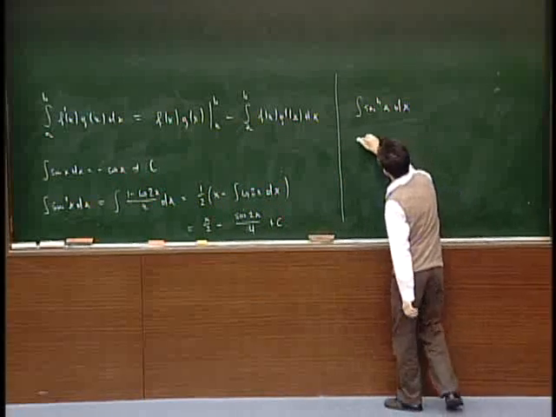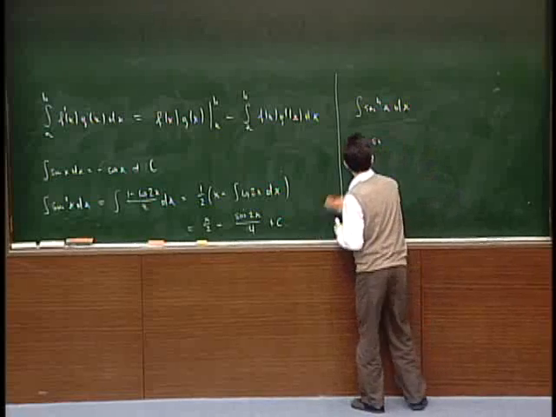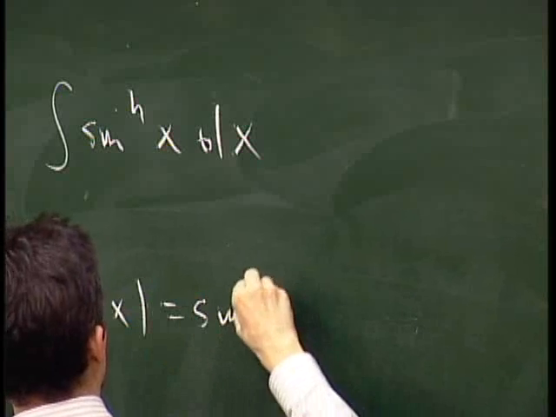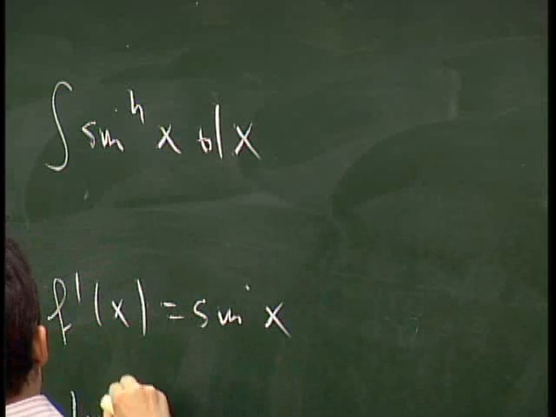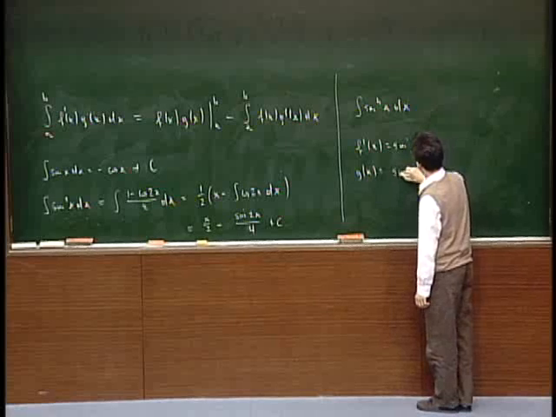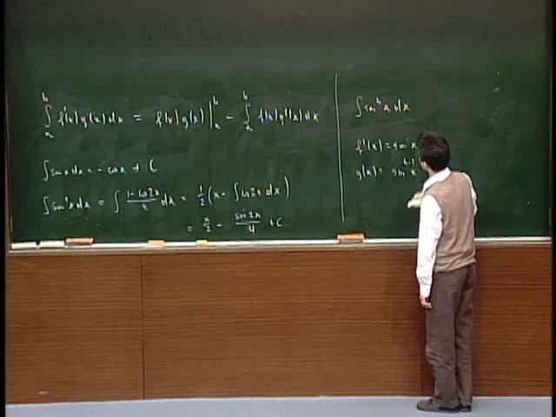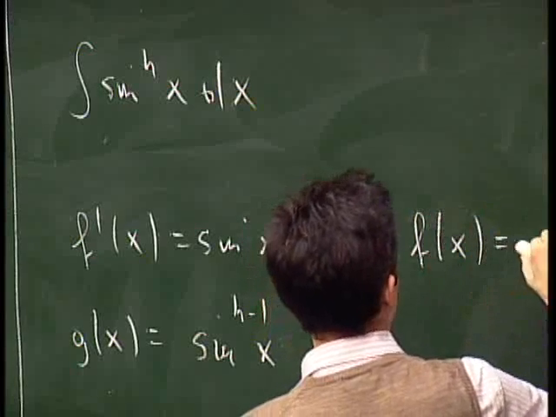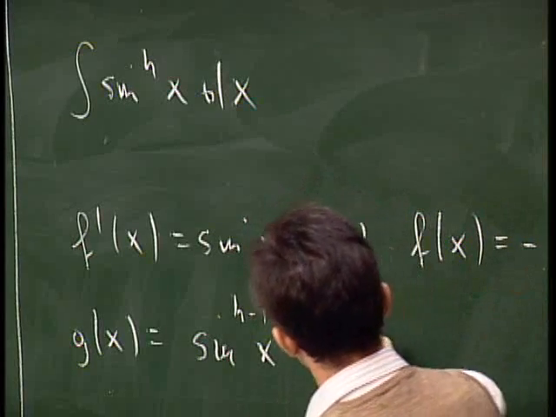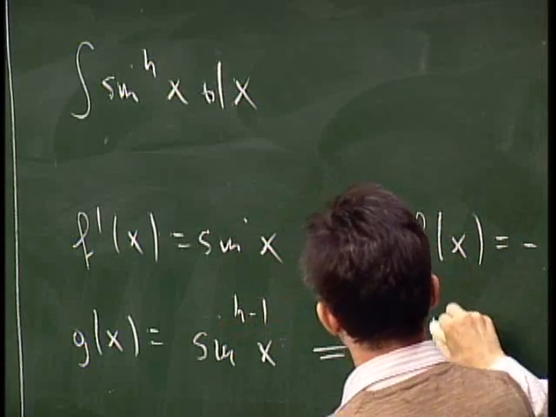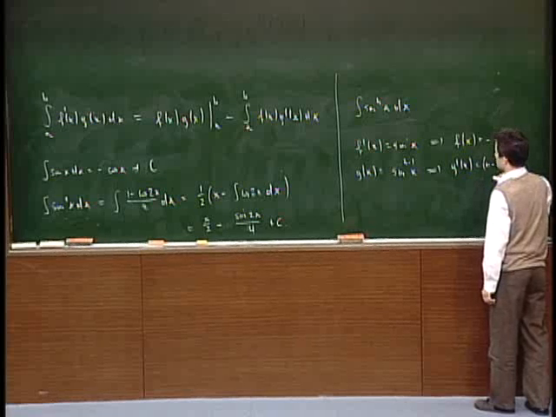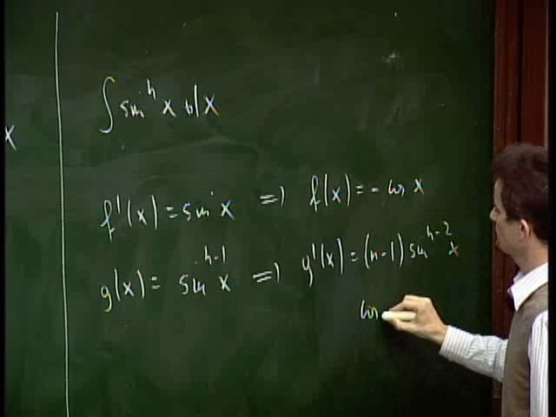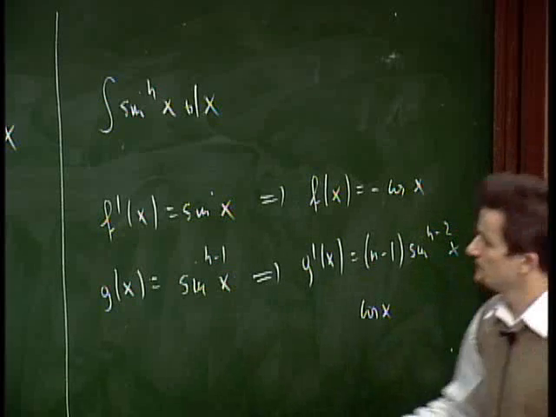So let's say we take out one sine, we integrate one sine, and differentiate the rest. The rest is sine of x to the n minus 1. If you integrate this, you see f of x is equal to minus the cosine of x. And here the derivative is n minus 1 times the sine of x to the n minus 2, and we have from the inner derivative the cosine of x.